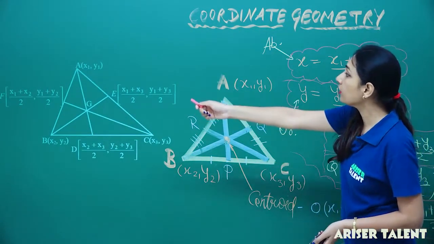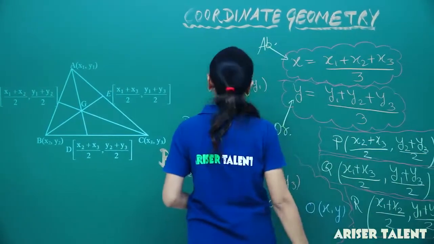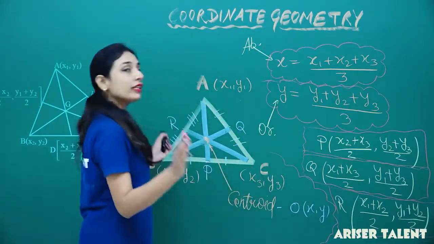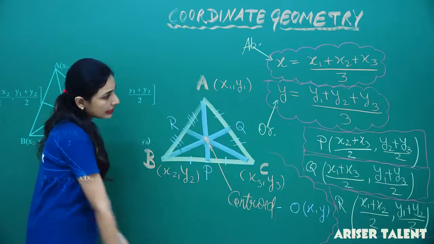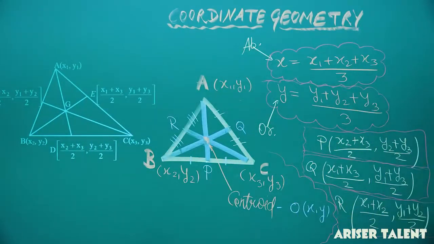So if I talk about R here, the abscissa of R is (x1 plus x2) by 2. Again here that is (x1 plus x2) by 2. So you can compare, or just note this portion. Okay guys, note this. Noted and understood the concept here.